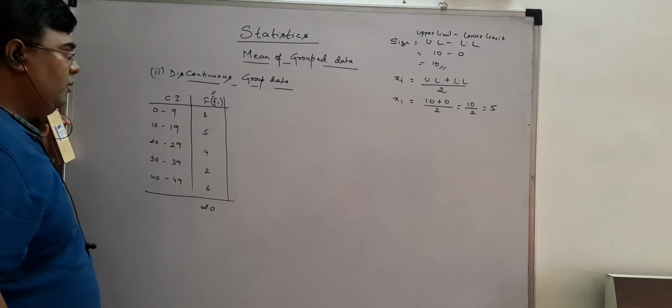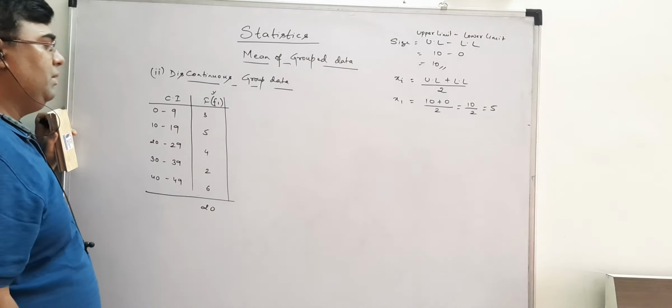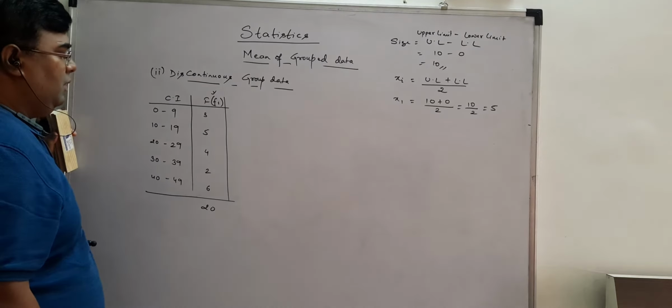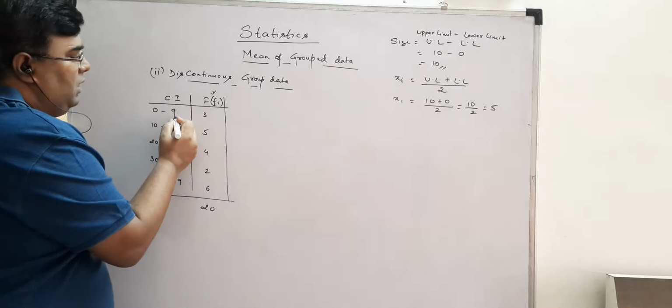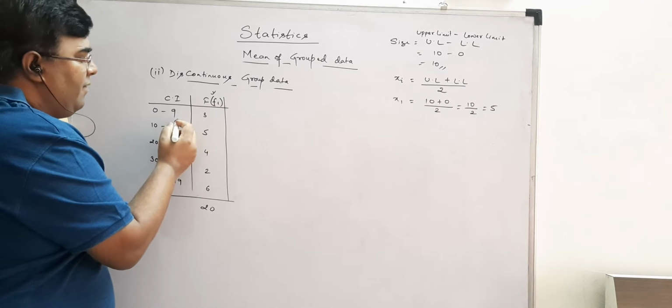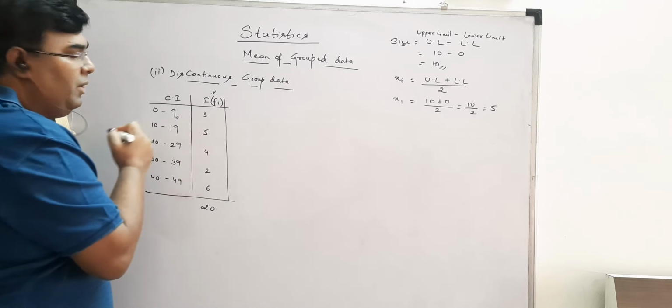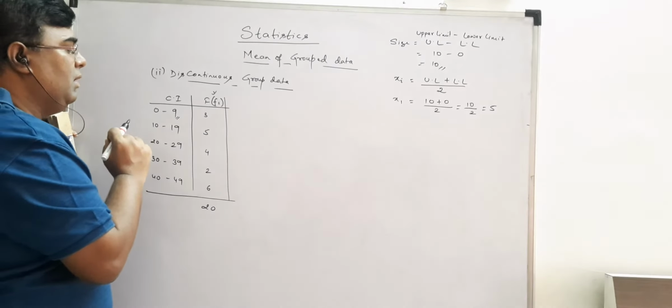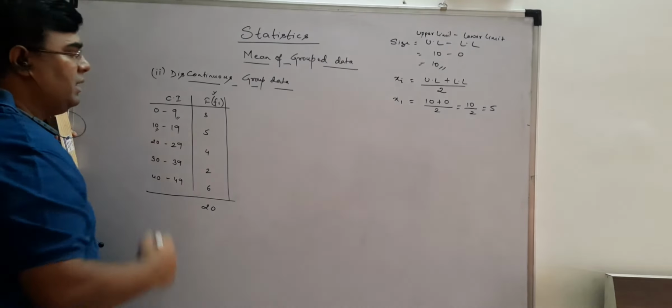So how would you make the class interval continuous? You find the average of the upper limit of one interval and the lower limit of the next interval.